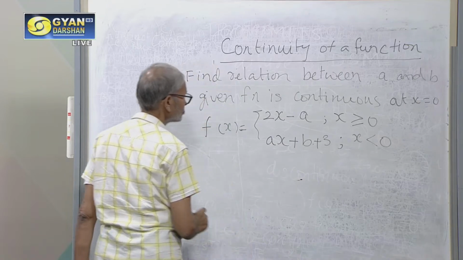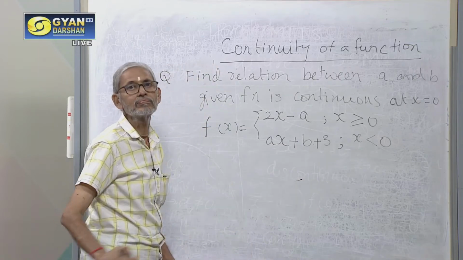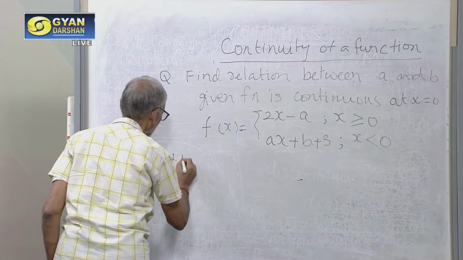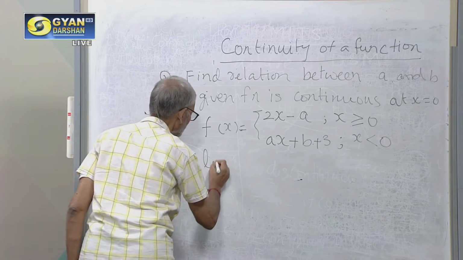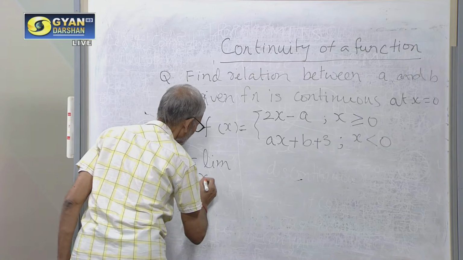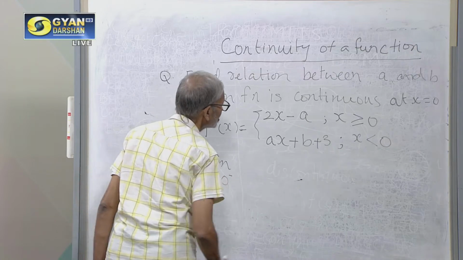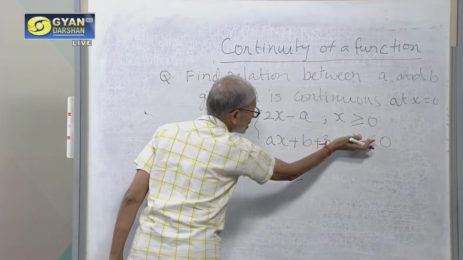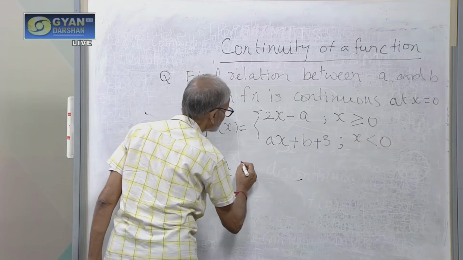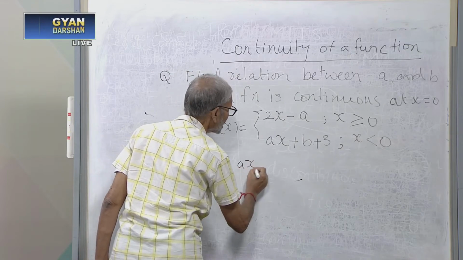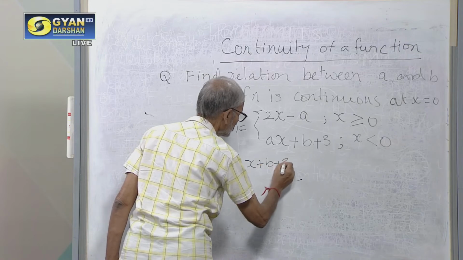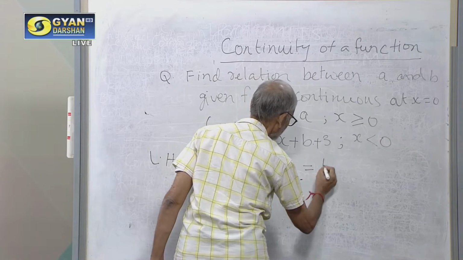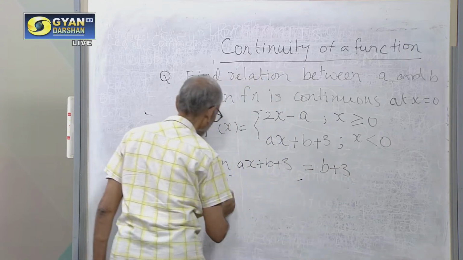So, let us take out the left hand limit, that is equal to limit x tends to 0 minus. If x is 0 minus, it means less than 0, so this case will be applicable. So, this will be ax plus b plus 3. Putting x is equal to 0, its value will be b plus 3.